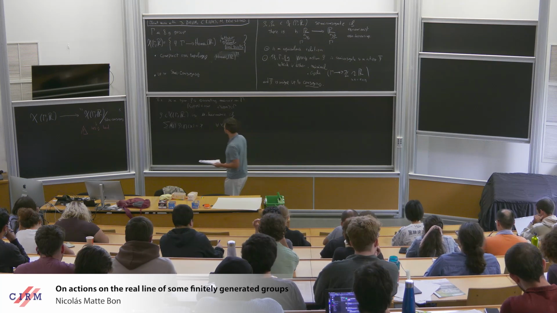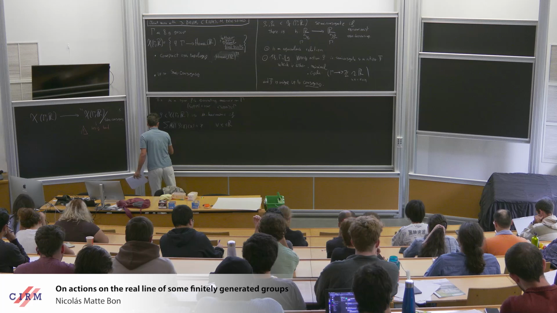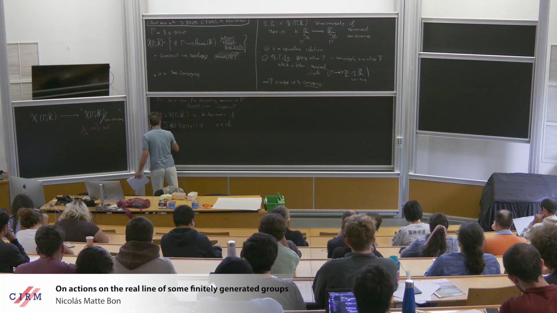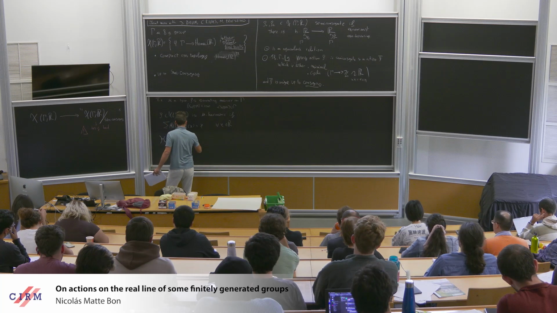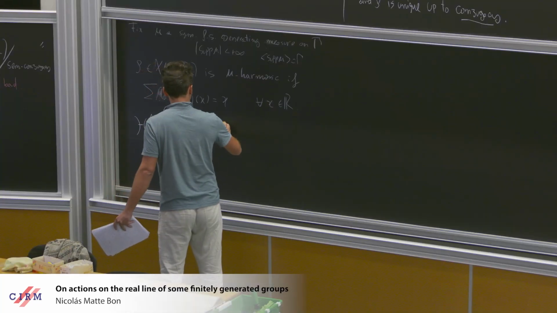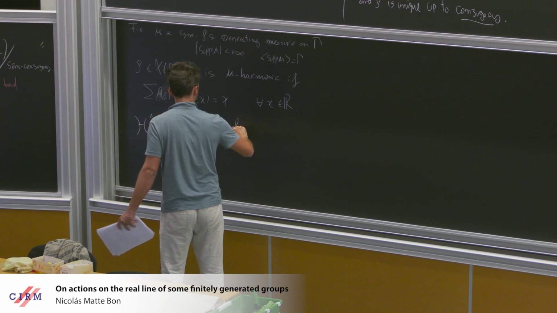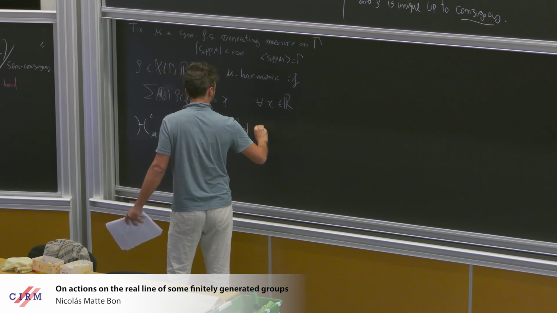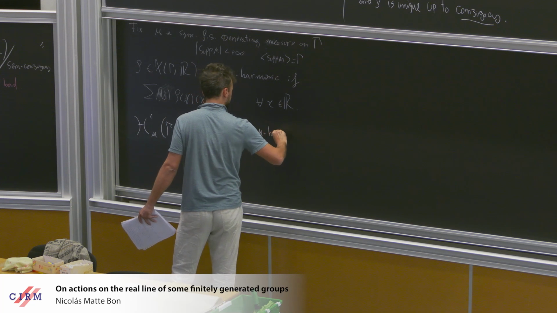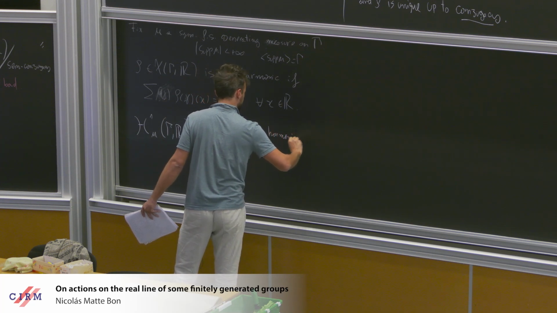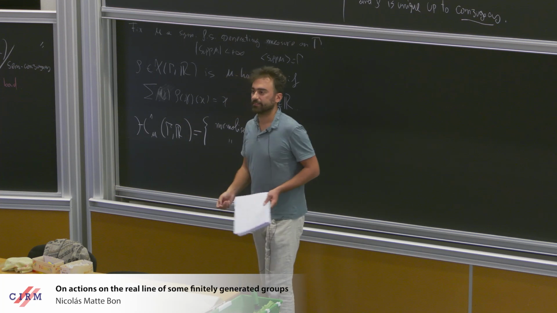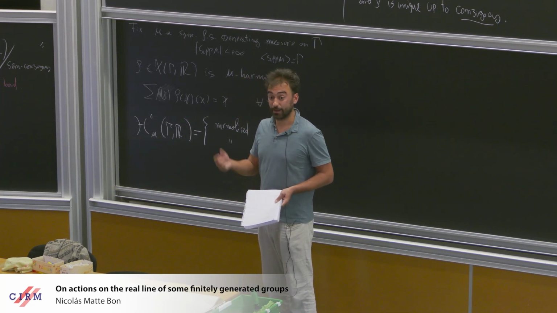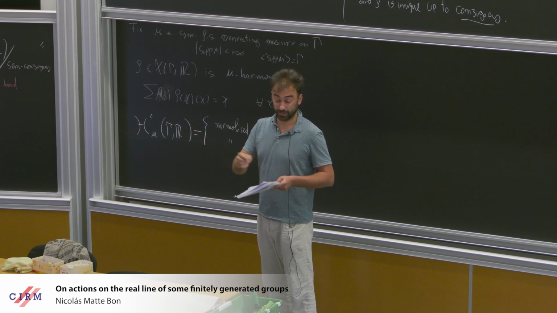So let's call H1 mu of gamma R the space of all normalized mu harmonic actions. I don't want to recall what normalized means, but roughly speaking, there was this Klepstein invariant that Bertrand introduced. It's a number that you can associate to a harmonic action that behaves well when you scale it.